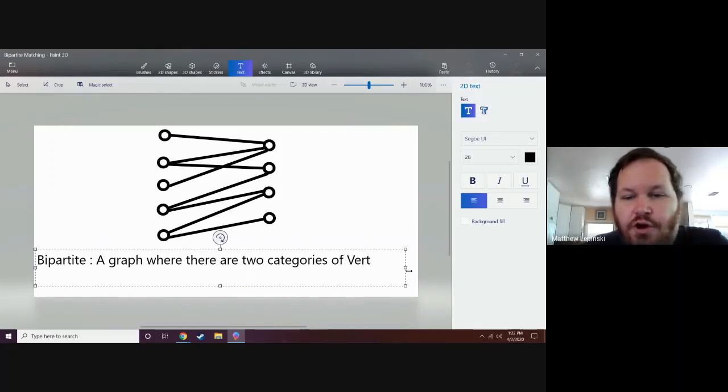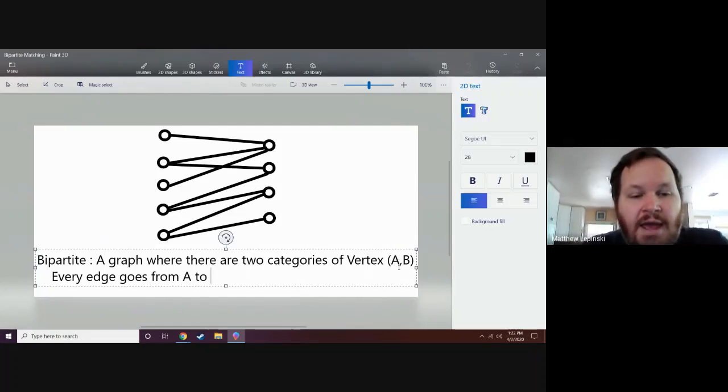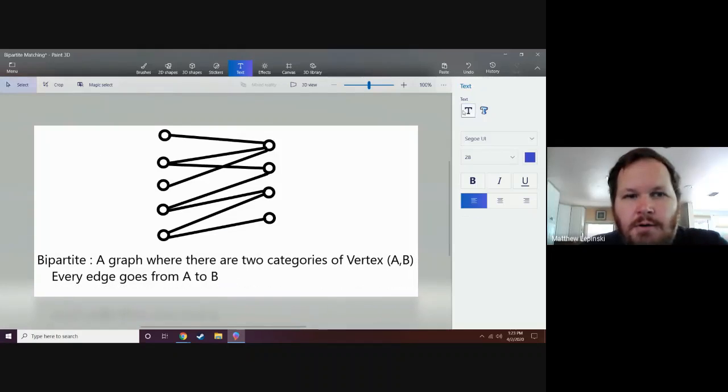If you are ever interested in taking the graph theory course, I think there's a discussion in that course of bipartite graphs. There are two categories of vertex. We can call them A and B, and every edge goes from A to B. So this is like the A side, and this is like the B side.